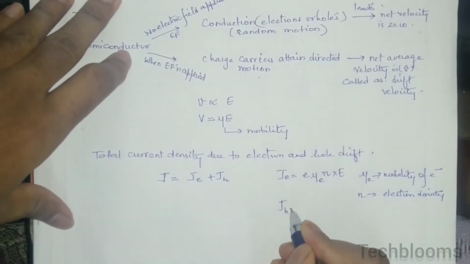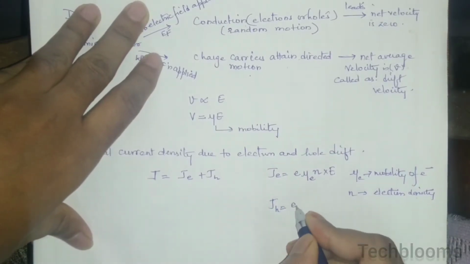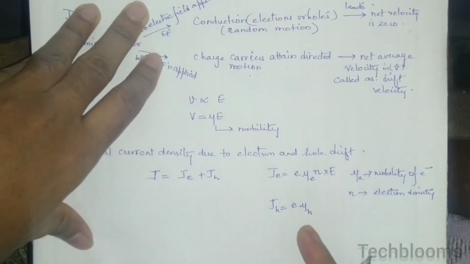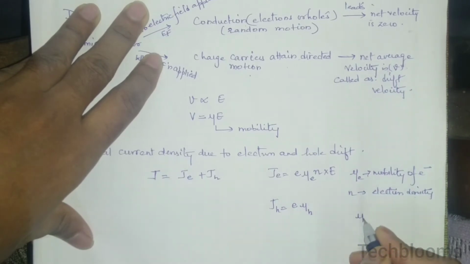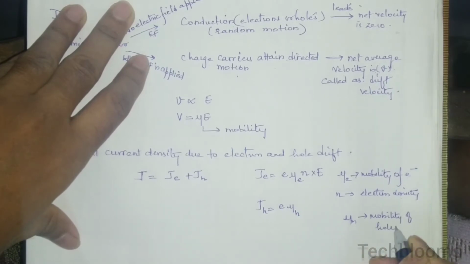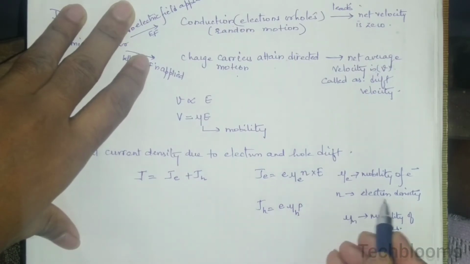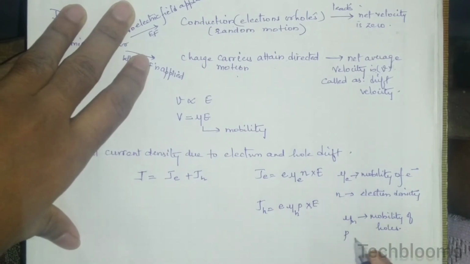Similarly, the hole current density will be equal to the charge e into mu H, the mobility of holes, into P, the hole density, into E. P is nothing but the hole density.